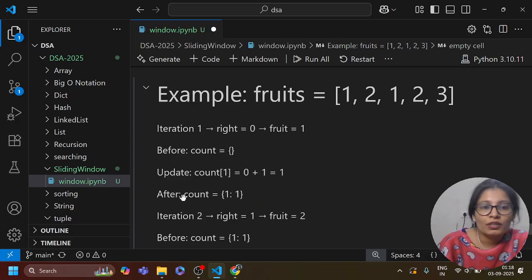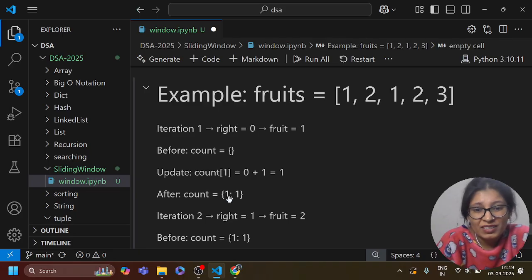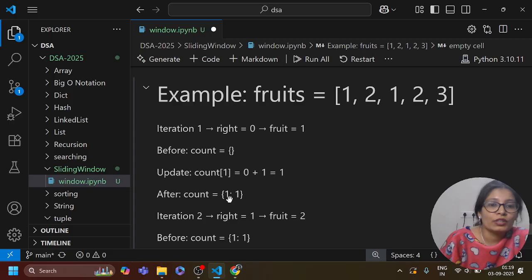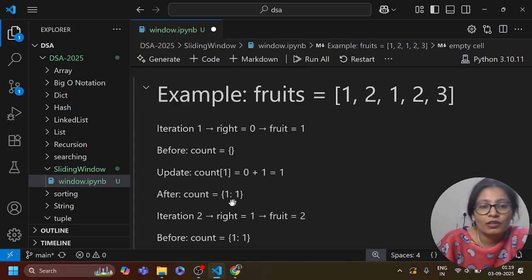After that, how many counts of 1 do we have in this list? In the starting we have only one 1, so 1 is the key and the value equals 1, so this is our count.